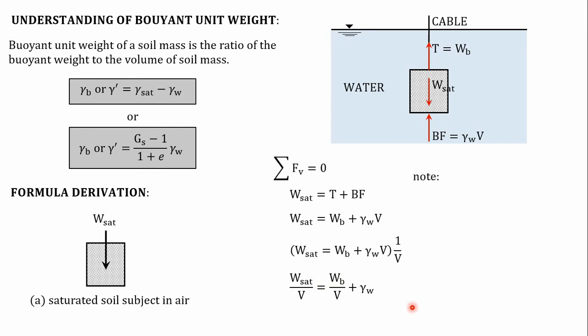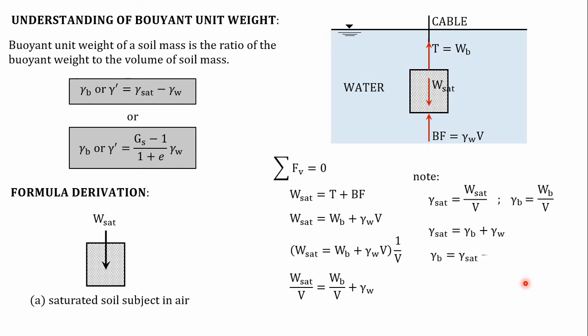Note that the unit weight saturated is equal to weight saturated divided by volume, and the buoyant unit weight is the buoyant weight of the sample divided by volume. So unit weight saturated is equal to buoyant unit weight plus unit weight of water.